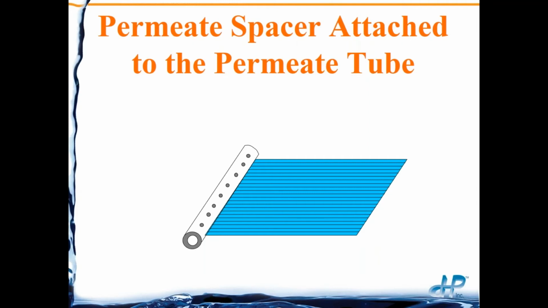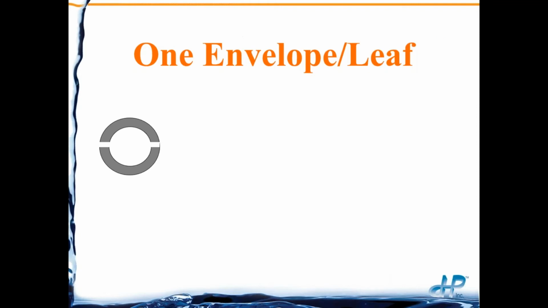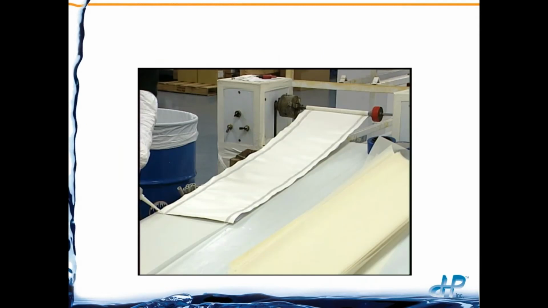They're going to attach that permeate water carrier to the permeate tube, and that's what they're doing here. They're gluing it to it. And then they're going to wrap our membrane on these little home drinking water elements. We're going to wrap the membrane around it and then glue it on the very end there, and also down the side, and then seal it around the permeate tube on either side of our envelope. And that's what they're doing in this picture right here.